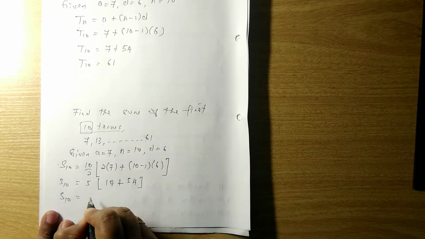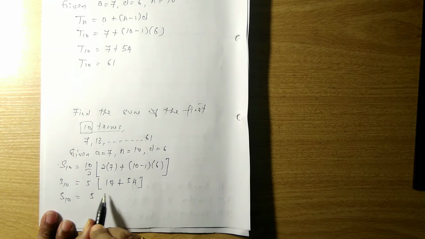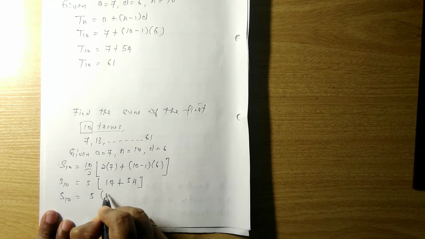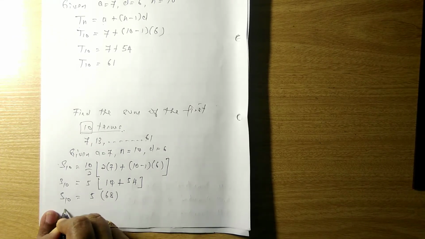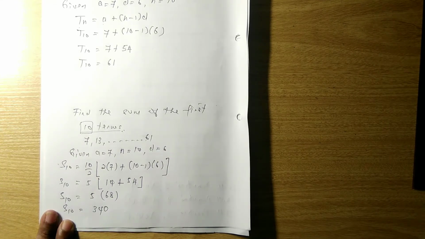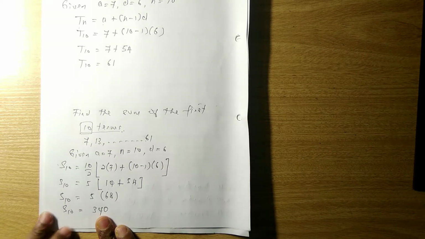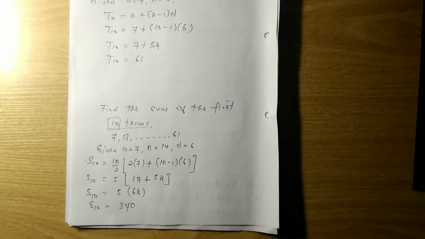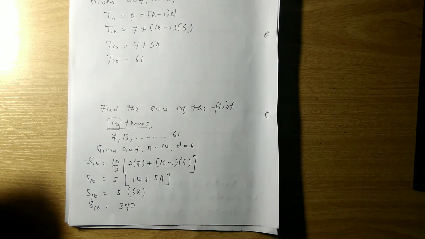So this is 14 and 54, which gives me 68. So S10 is 340. Okay, so this is my total sum when I actually have 10 terms to add up.